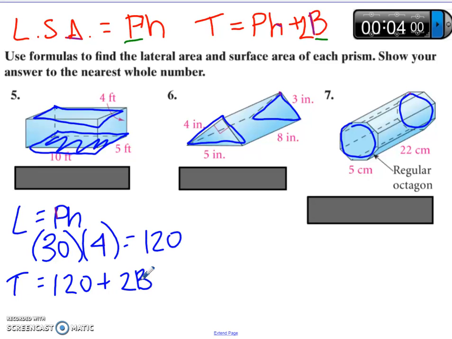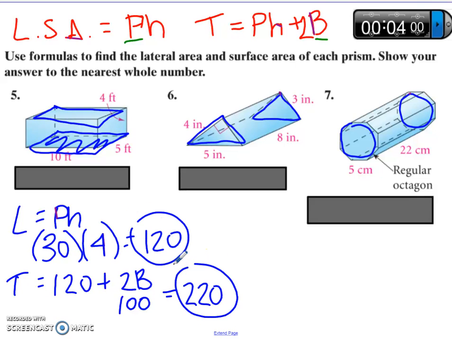Remember, the big B is the area of the base. So the area of my base is 5 times 10, which is 50, times 2 is 100. So that would be 220. So the lateral is 120, the total is 220. I'm going to have to erase all that in order to have space to do everything else.